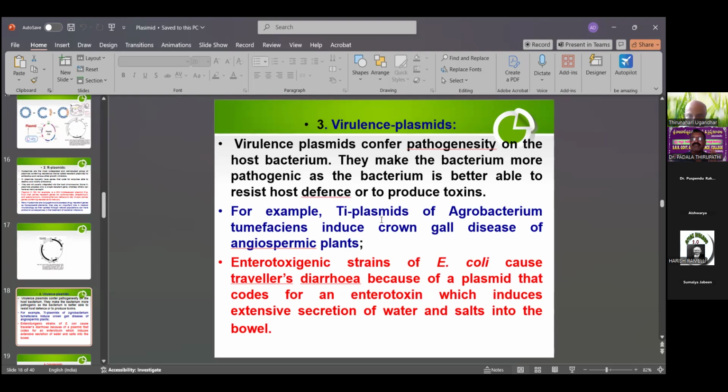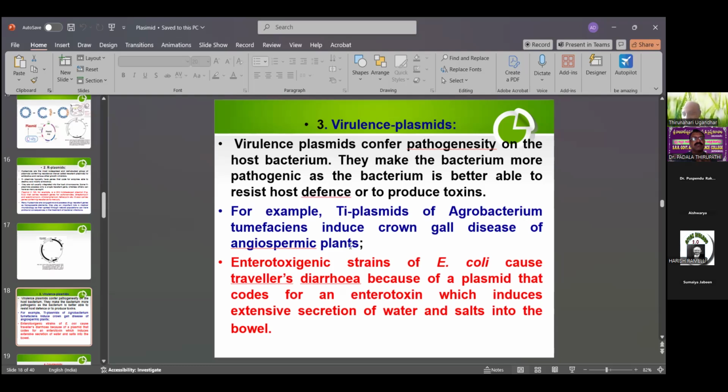For example, the Ti plasmid, the tumor-inducing plasmid of agrobacteria, induces crown gall disease of angiospermic plants, which is the best type of plasmid to be used for gene cloning or agrobacteria gene transformation. This Ti plasmid is the tumor-inducing plasmid.